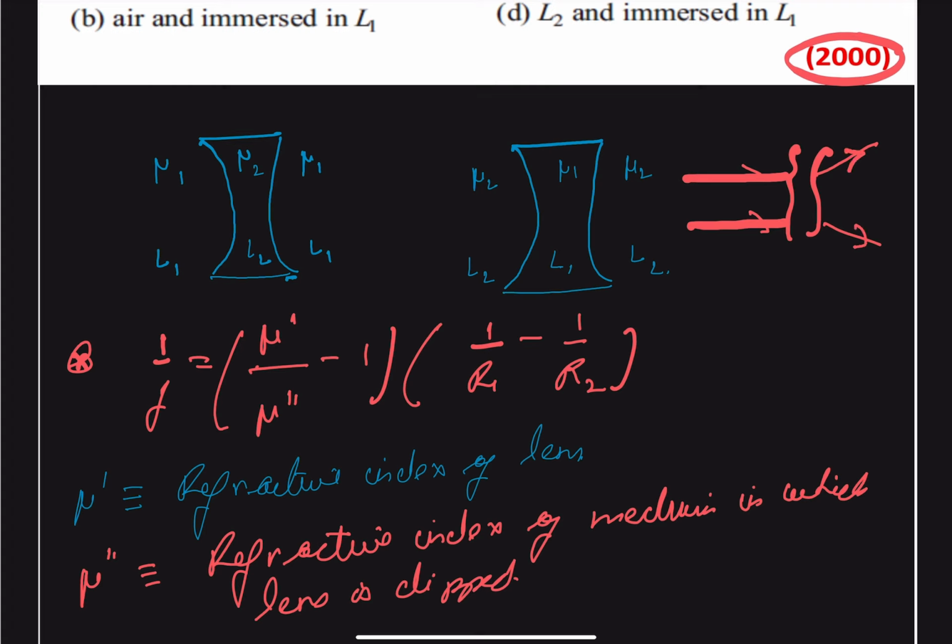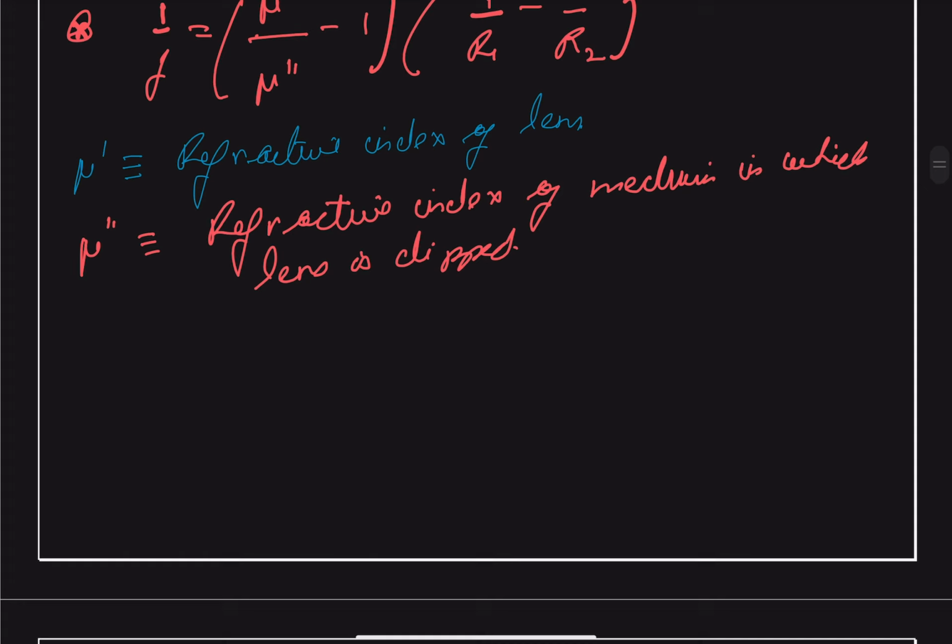and this entire thing is basically based on the comparison of the refractive indexes. So we are going to make a comparison between mu prime and mu double prime. Okay. So in the first case, if our mu prime is greater than our mu double prime, so we have mu prime is greater than our mu double prime.